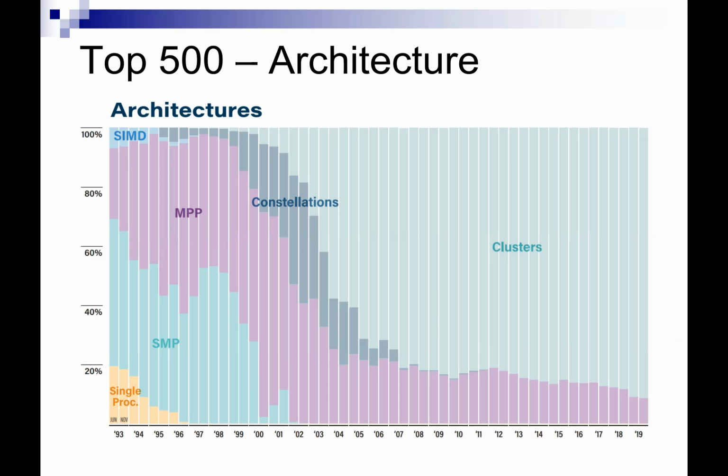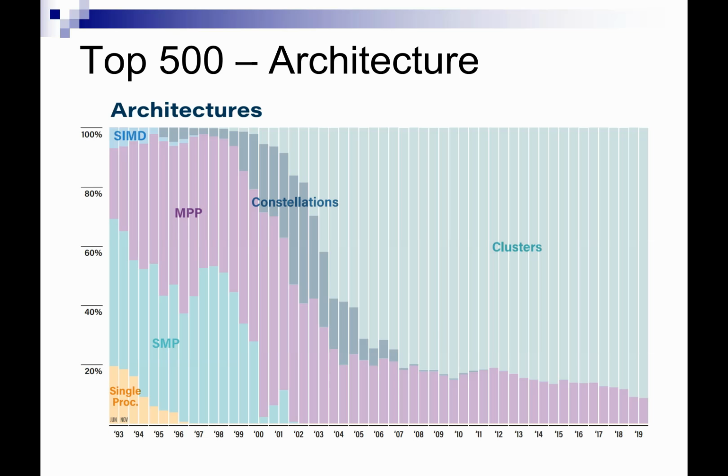Okay, something else we can look at is the architecture of these supercomputers over time. Here I'm showing 6 architectures. Back at the very beginning of the top 500 list, some of the computers on that list were simply single processor computers, a supercomputer consisting of only one very fast processor.